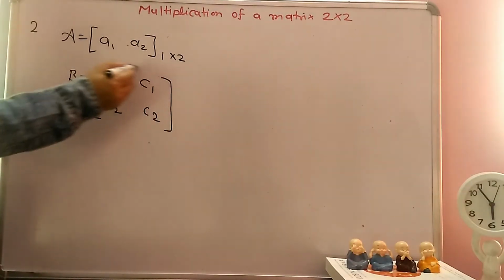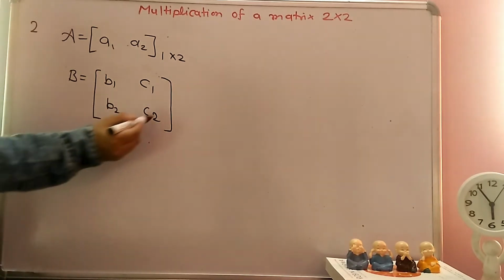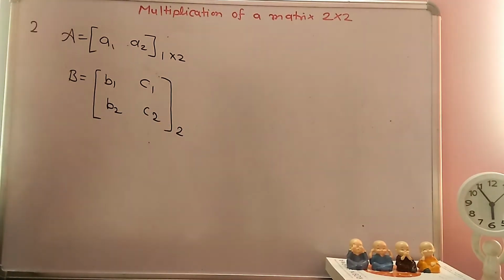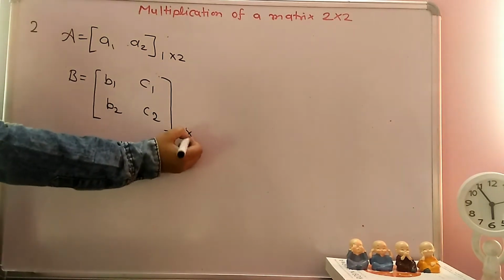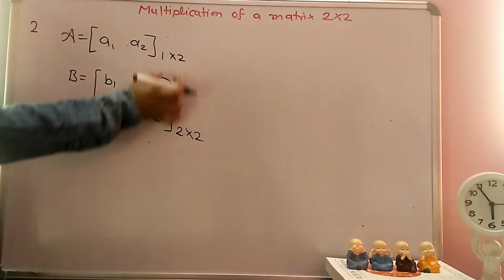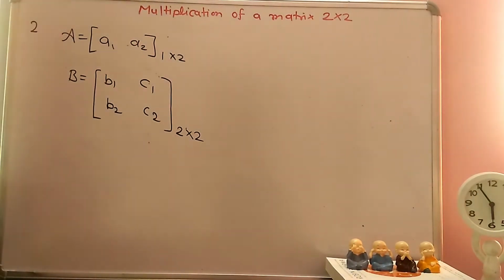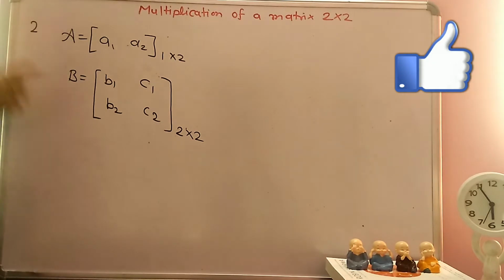Now the row of this matrix is 2 and the column of this matrix is also 2. This is a 2 cross 2 matrix and this is a 1 cross 2 matrix. Now you first check whether matrix multiplication of these two matrices is possible. Okay, let's check.